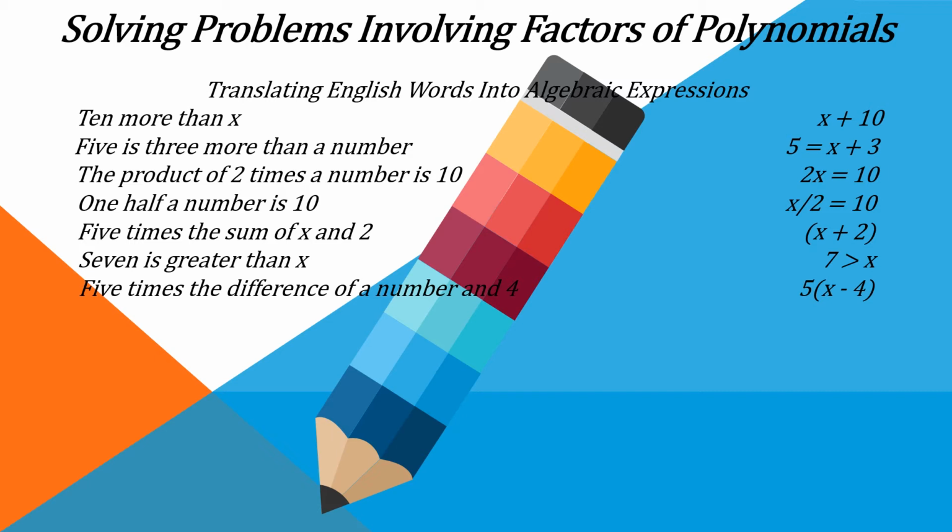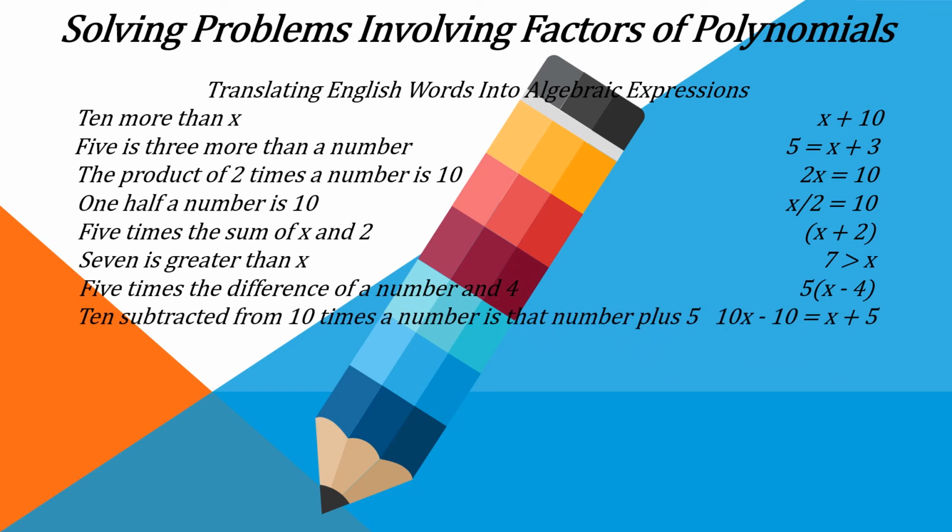So 5 times the difference of a number and 4 is simply 5 multiplied by the quantity x minus 4. 10 subtracted from 10 times a number is that number plus 5. 10 subtracted from 10 times a number, that is subtraction, 10x minus 10, and is equal to, a number plus 5 is x plus 5.